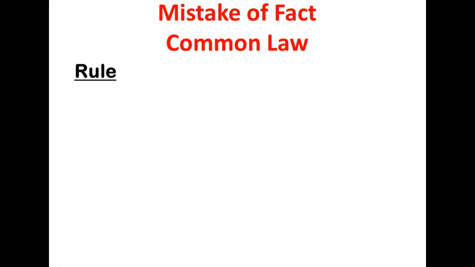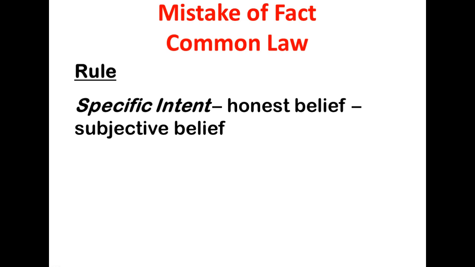Now, as I said, at common law, how mistake of fact was applied depended on whether the offense was a general intent or a specific intent offense. For a specific intent offense, we evaluated the mistake of fact, the fact that the computer was somebody else's, the fact that he entered the wrong house.